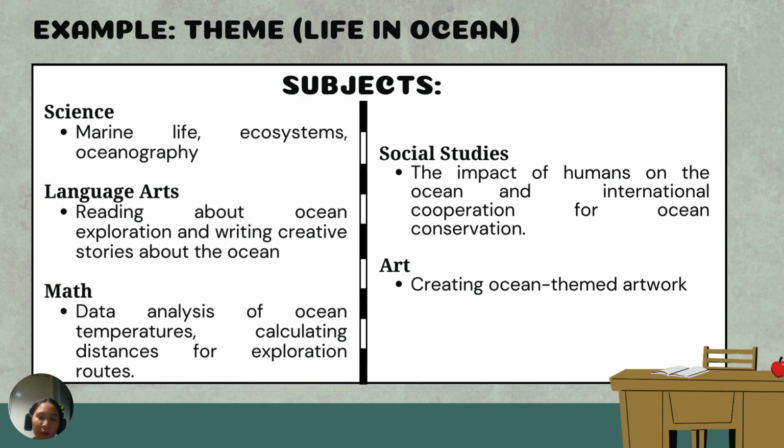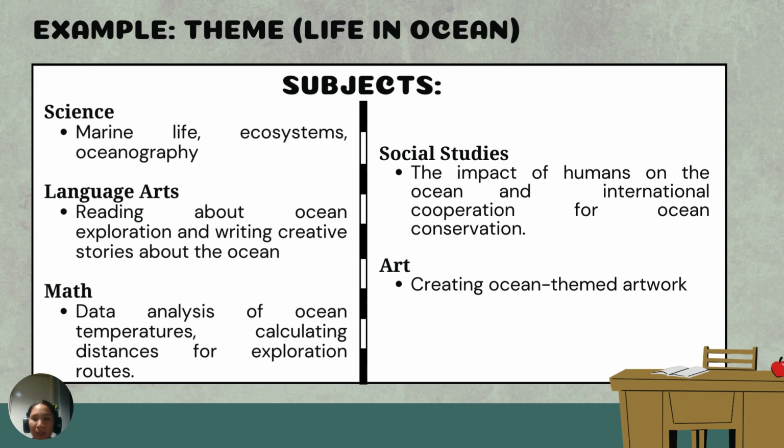And we also have here social studies. Here you can include the impact of humans on the ocean and international cooperation for ocean conservation. With this, you can allow students to research the history of human interaction with the ocean, for example fishing, exploration, and trade, in which, as you can see in this example, there is an interaction of humans and the ocean.